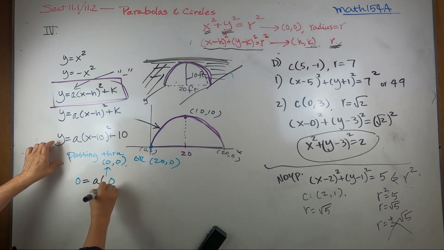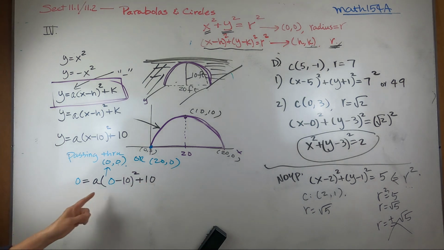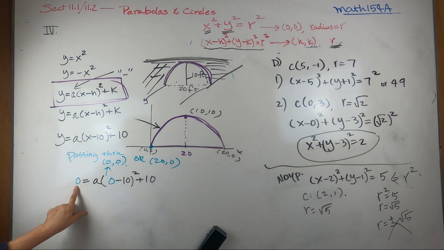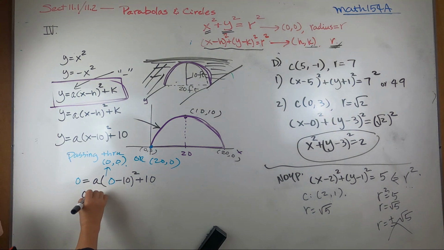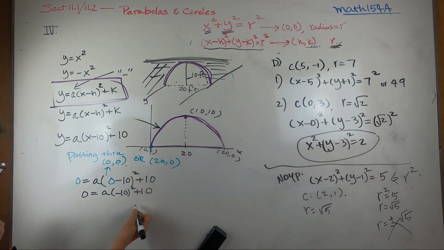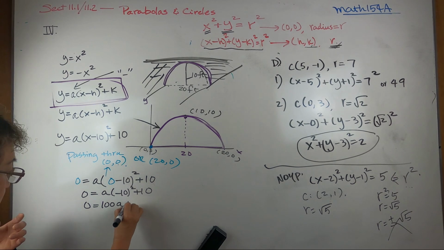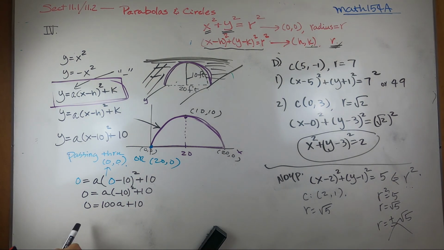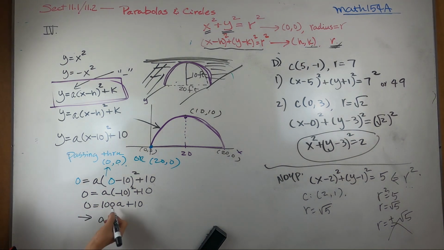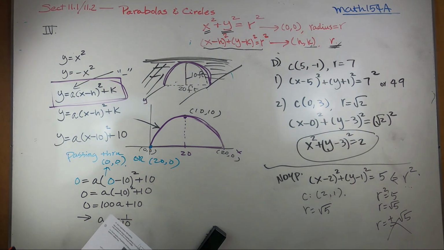Equals a times (0 minus 10) squared plus 10. That's how you plug in (0, 0): 0 for x, 0 for y, right? Then what do we have? We have 0 equals a times (negative 10) squared plus 10. We have 100a plus 10, right?